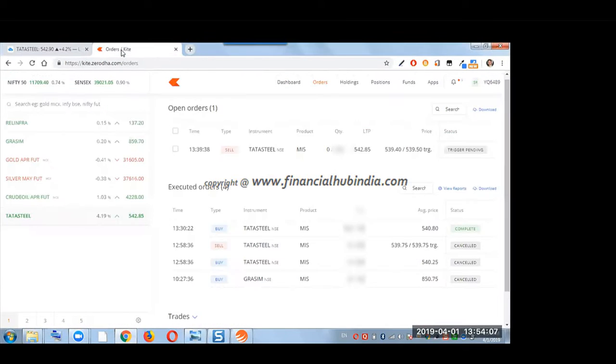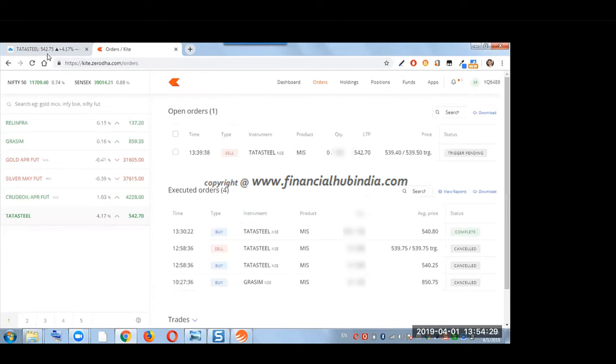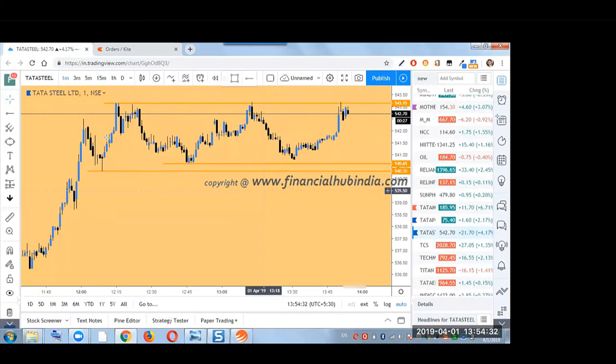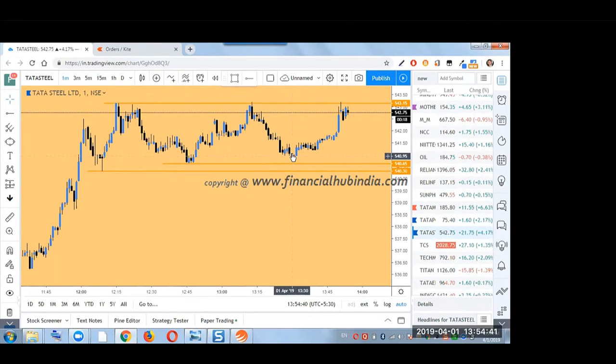You can see the entry here. The stop loss is around 539.50, so you can say that's a 1:3 setup on the stop loss. For now, the first target is hit over here, since the entry is around this support layer. Even though it didn't reach the support here, our entry is around this bottom over here.